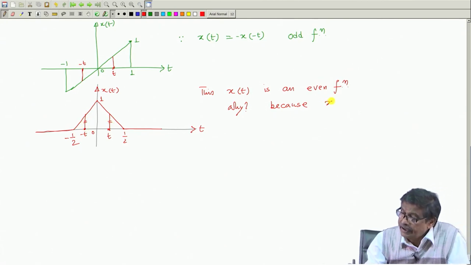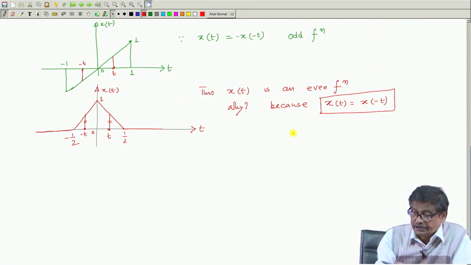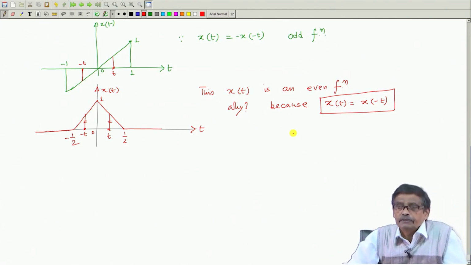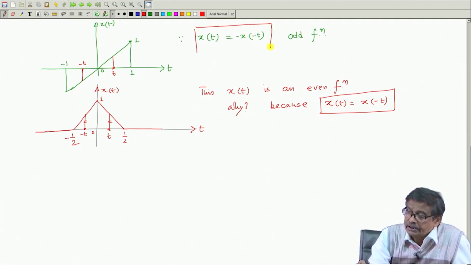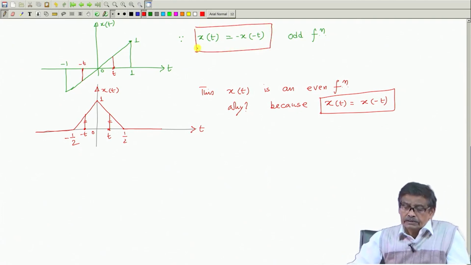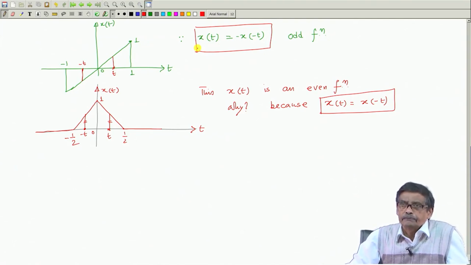Therefore, because x(t) is equal to x(minus t), this is the property an even function will have, and it has to be true for all the time t, that is true. Similarly, for an odd function, it is to be true for all the time t. So, this is a simple example of even and odd function.